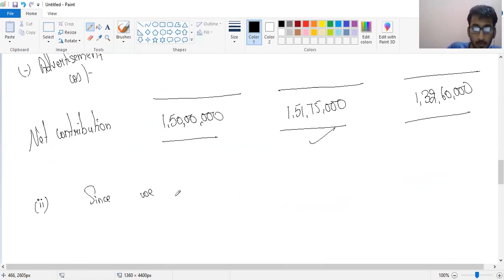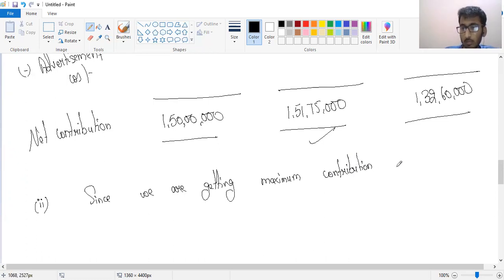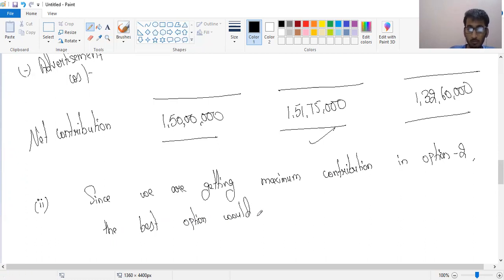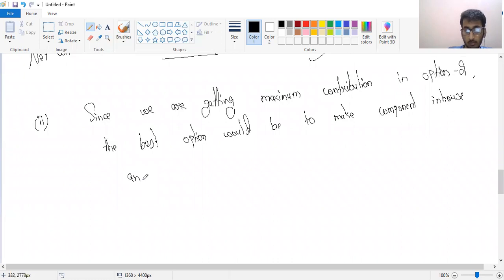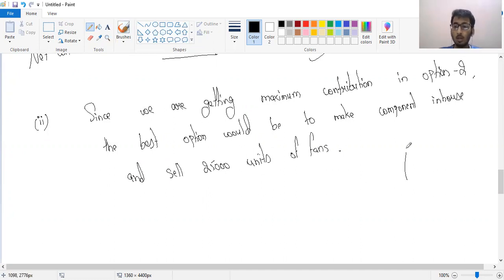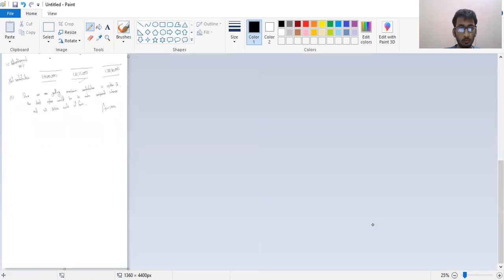Since we are getting maximum contribution in option 2, the best option would be to make the component in-house and sell 25,000 units of fans. Answer. So this is the answer.